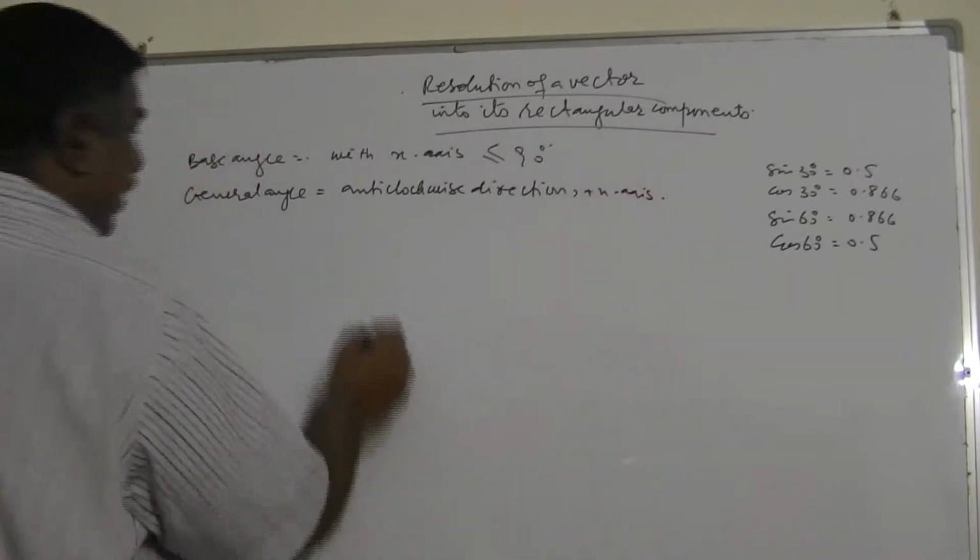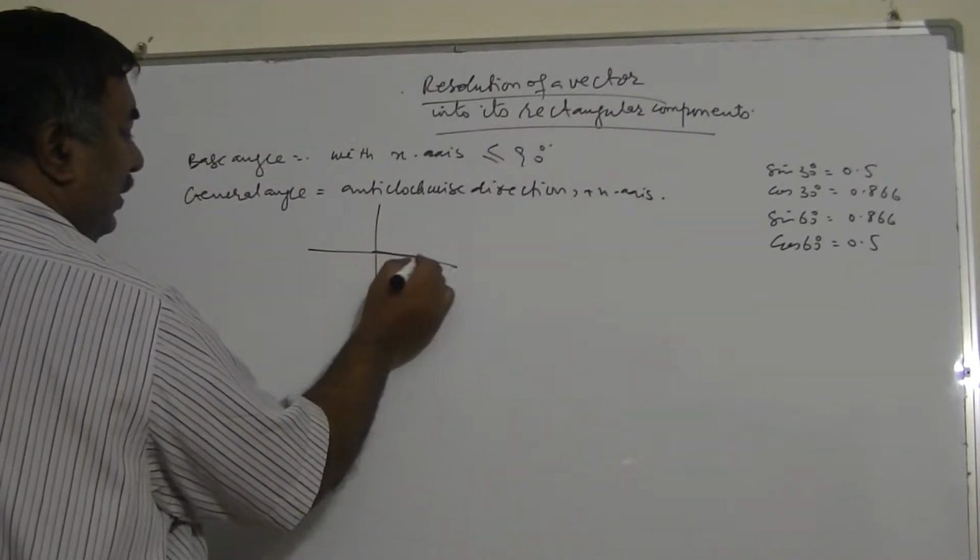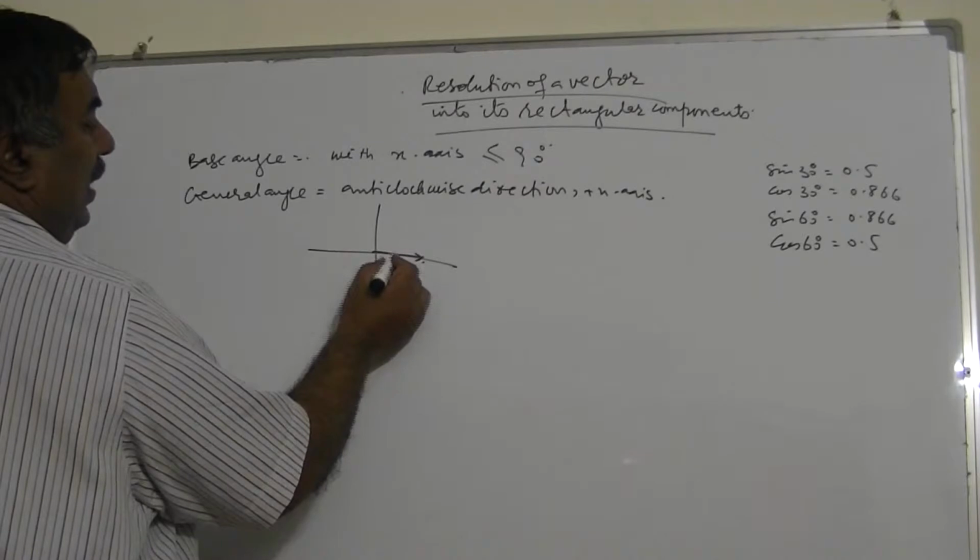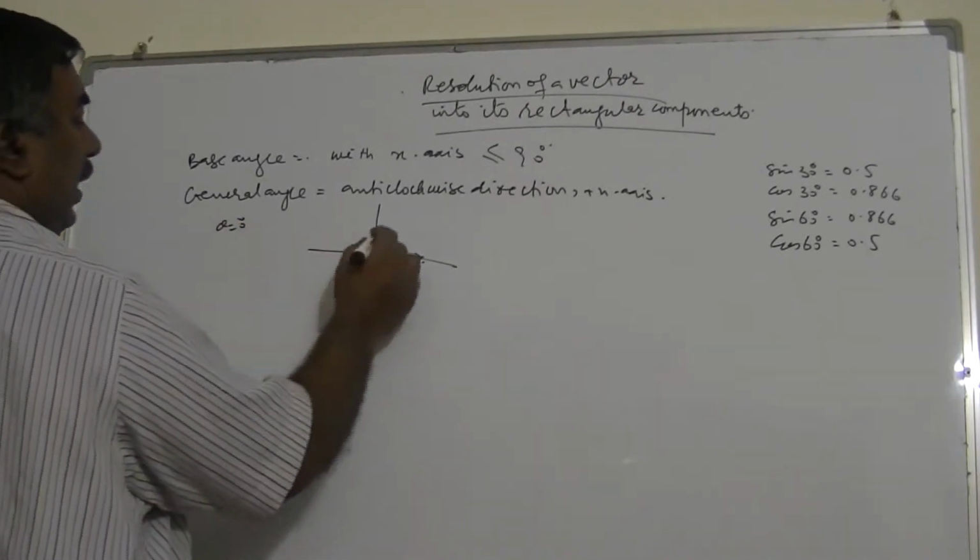I will find a few general angles here. For example, if the vector is along the positive x-axis, the general angle theta is 0 degrees.